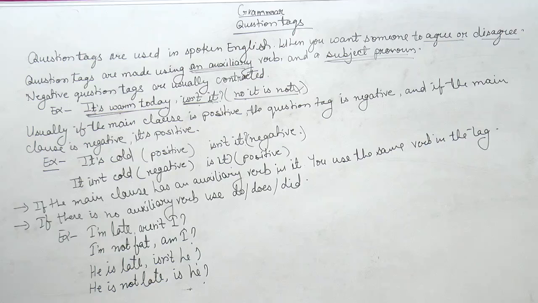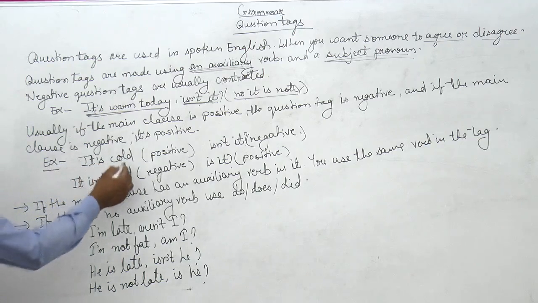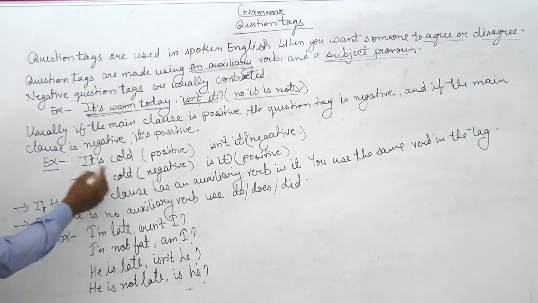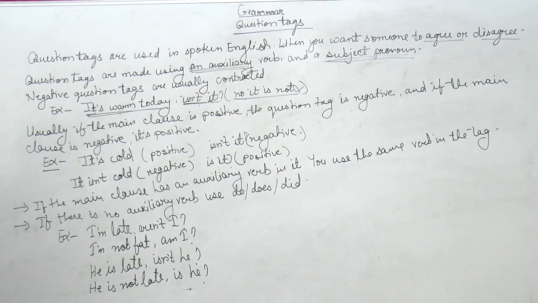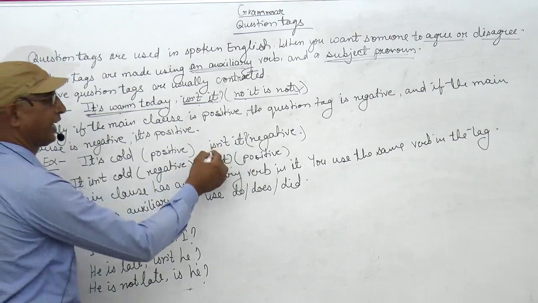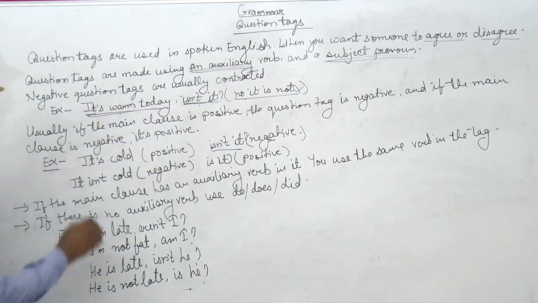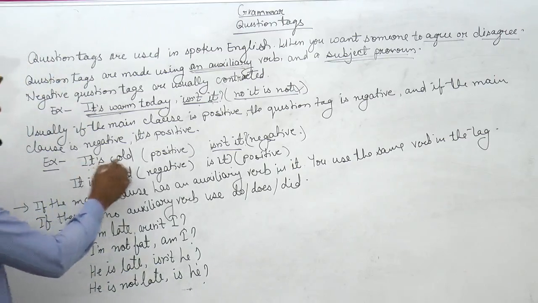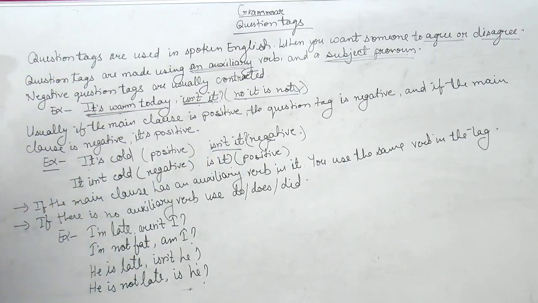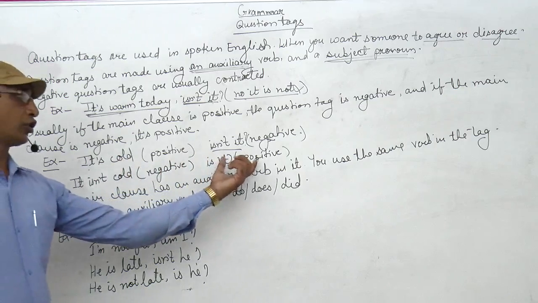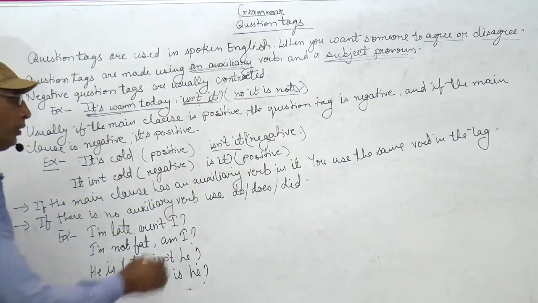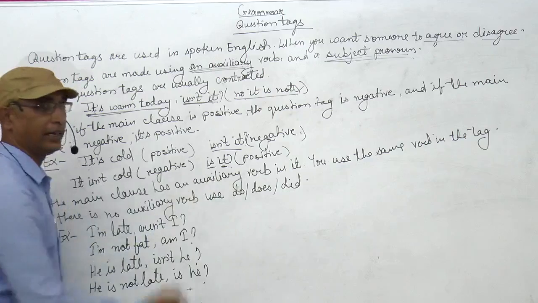For example, it's cold. Here this is a positive sentence and its question tag will be in negative form. It isn't cold. This is in negative form, so the question tag will be in positive form by using only the helping verb and the pronoun.